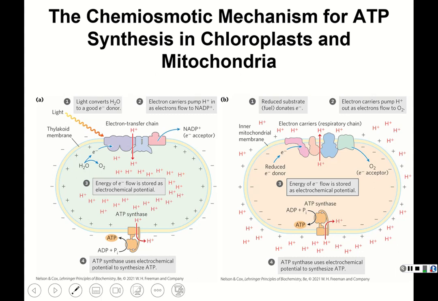And then ultimately, your electron acceptor here is O2, and it makes water. These protons create a proton gradient around that inner membrane, and those are then used by complex 5, also known as ATP synthase, to generate ATP.